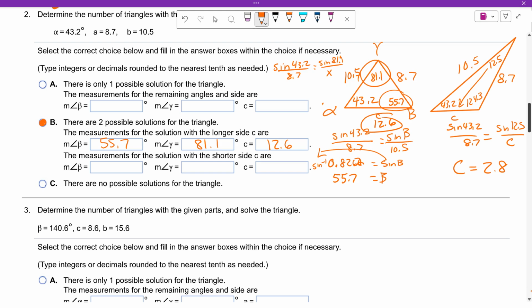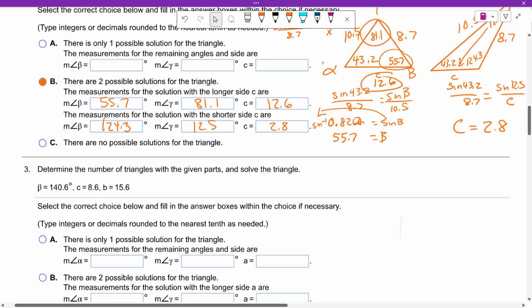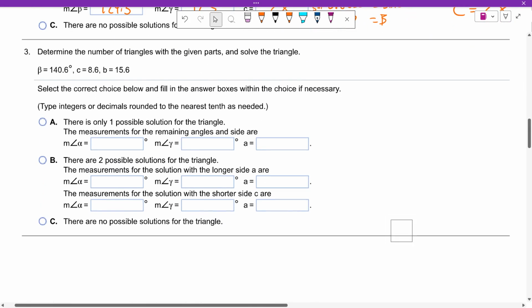And then the other one will be your obtuse triangle. Angle B was 124.3. Angle gamma was 12.5. And C was 2.8. Ta-da. All right. Next.